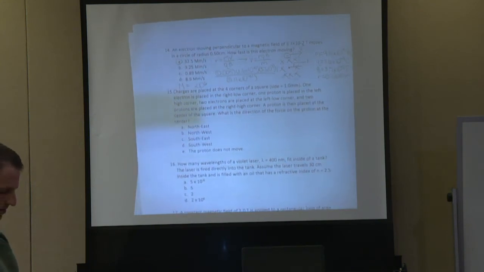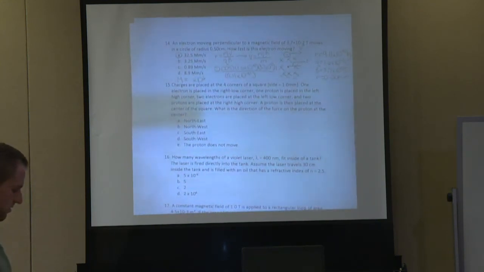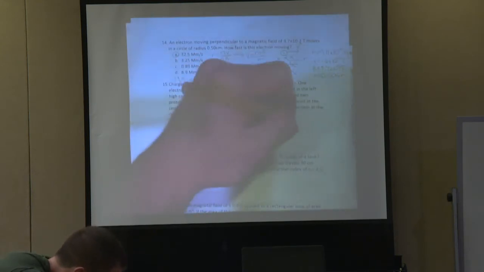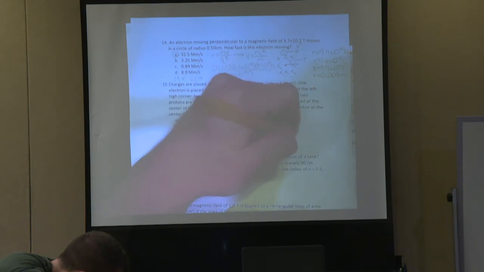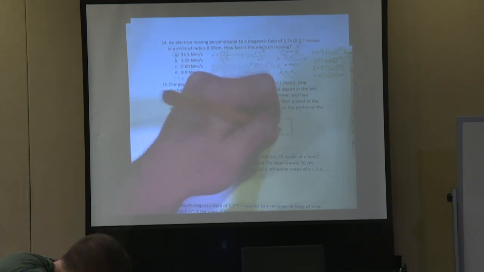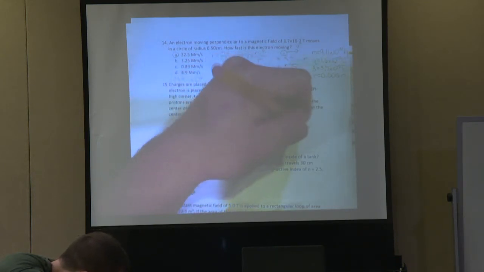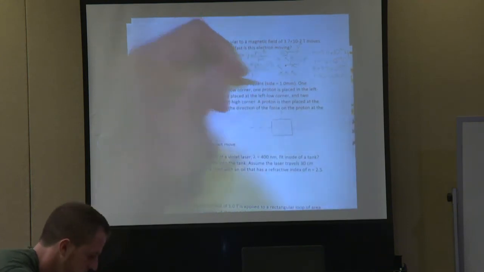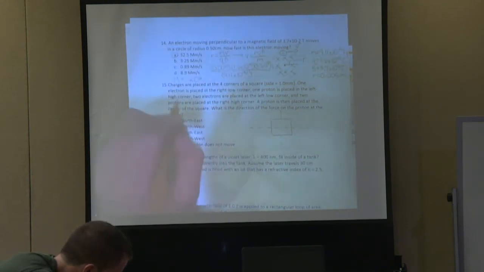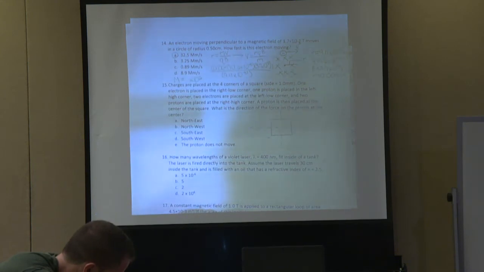So, let's do this one. It's easier to draw it out. It's a square, so just make sure all the sides are equal. It says we have one electron is placed in the right low corner. Just a negative sign. One proton is placed in the left high corner.